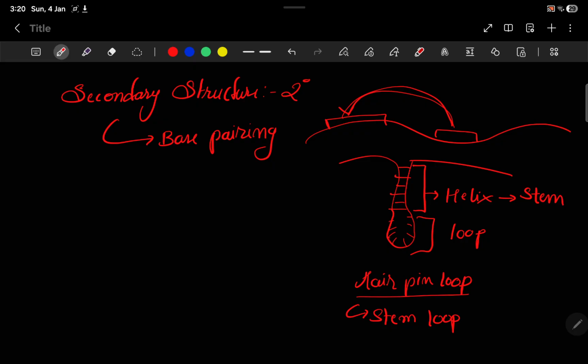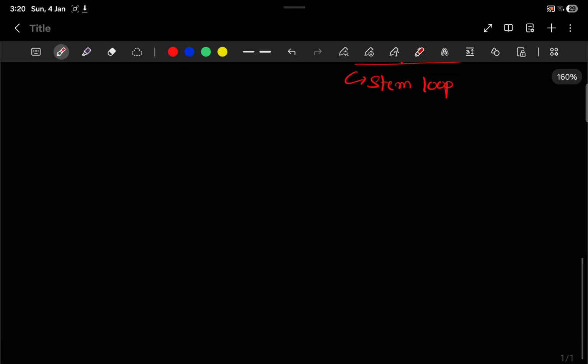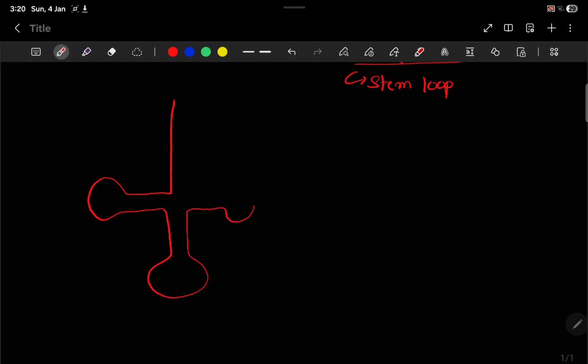Now let's look at the actual structure of tRNA. This is called the clover leaf structure.